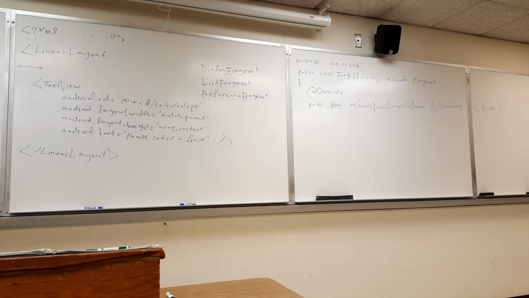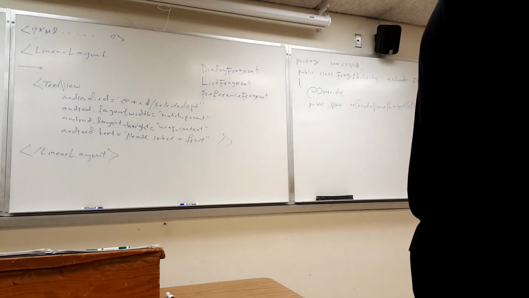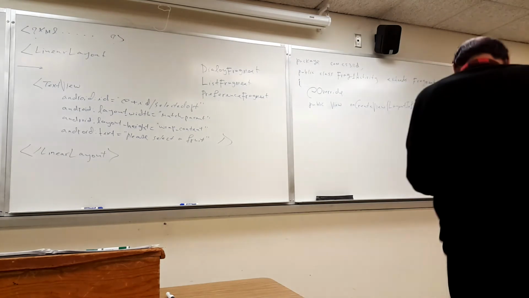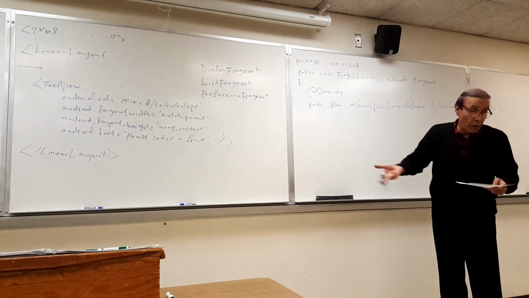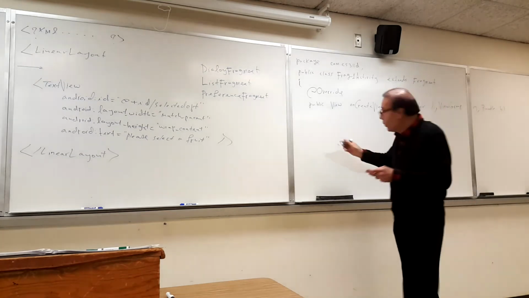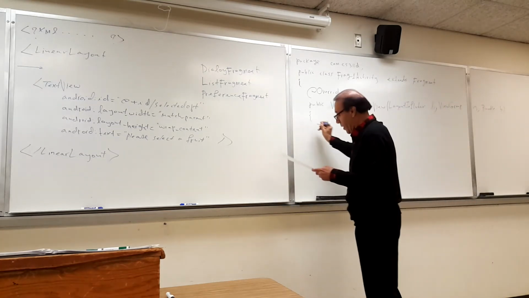That's why we don't have to worry about it. Fragment doesn't. So whenever you're working with a fragment, make sure that you create a context, okay? Of course, if you don't need to use context, don't create it. If I need to use it, I'm going to create a context.